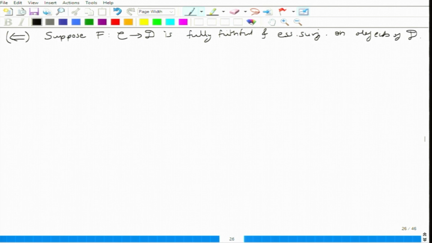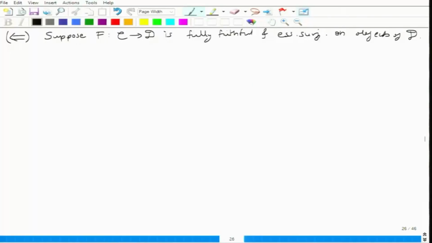Now we have to construct some G. We need to construct a functor G, and on top of that we also need to construct the natural isomorphisms eta and epsilon. So there is a lot to construct. The only thing that we know is the axiom of choice. So by essential surjectivity and the axiom of choice, what can we say?